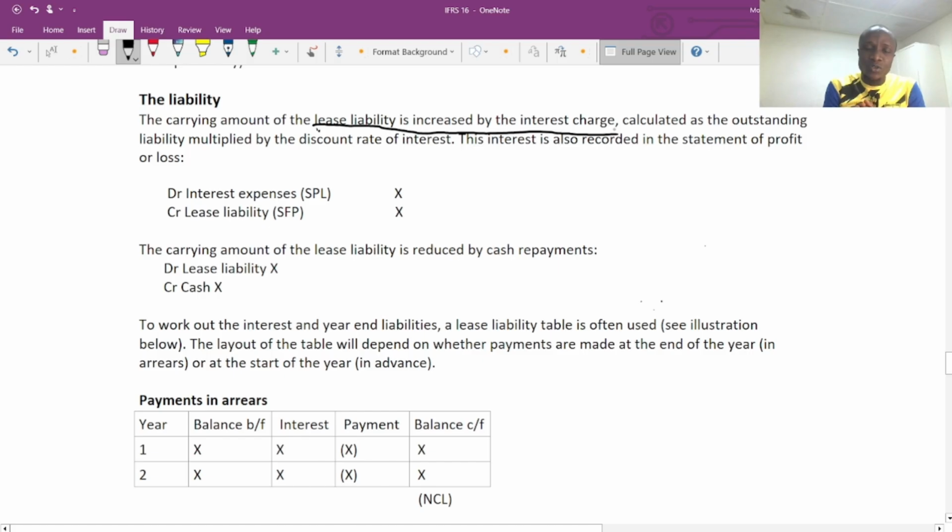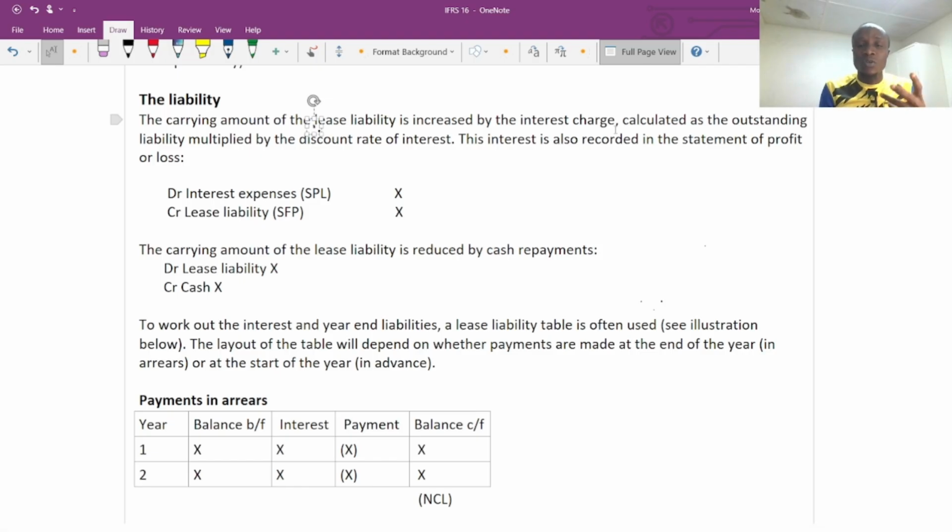So in that situation, we have discounted the future payment to its present value. So for us to reflect the future value, we need to increase the liability year on year. So that's why we are going to ensure that on an annual basis, we charge an interest that will increase the liability. First important point.